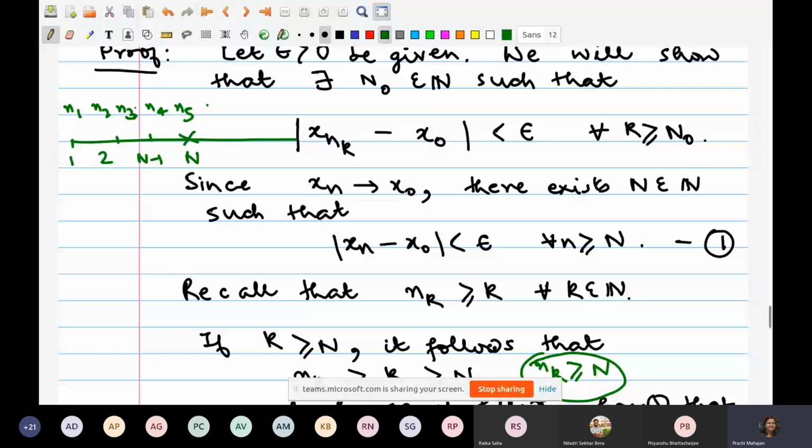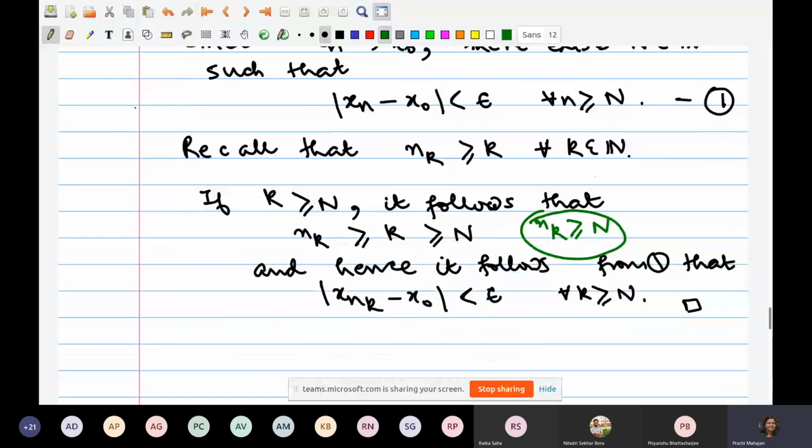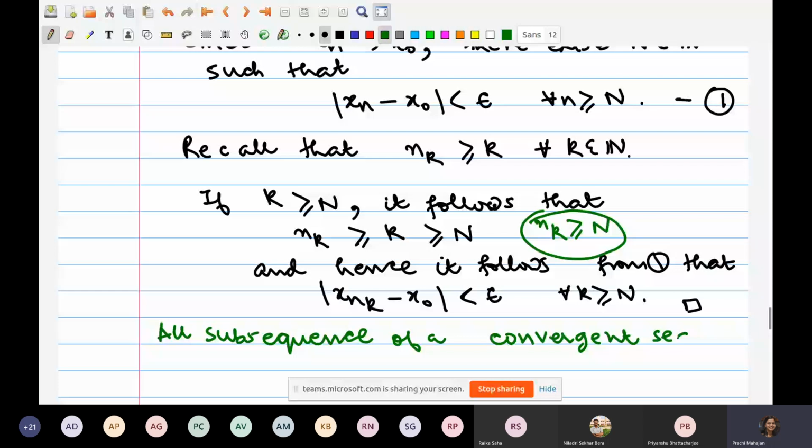So let me write that down. What is that saying? Conclusion: all subsequences of a convergent sequence converge to the same limit. This is what we have shown upstairs.